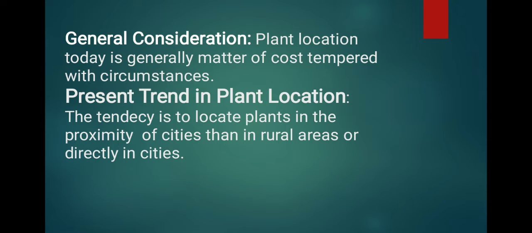Next is general consideration. Plant location today is a general matter of cost compared with the circumstances. Typically the most probable location of a plant is a place where, considering the business as a whole, the total cost of producing and delivering goods to all customers is lowest. Actually, however, a decision on plant location is not always based on reason.